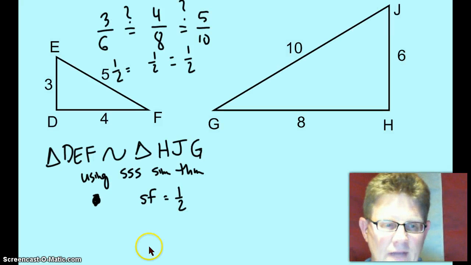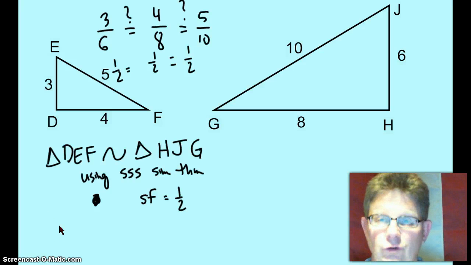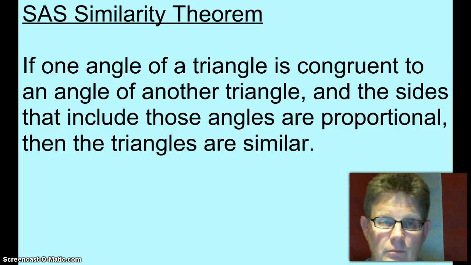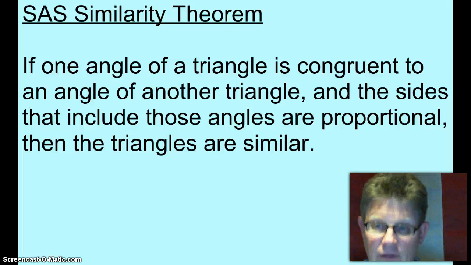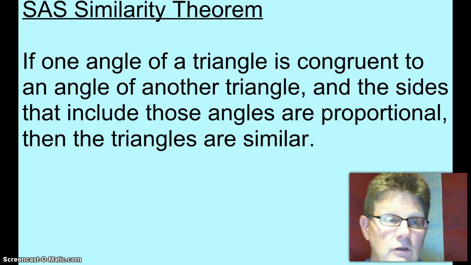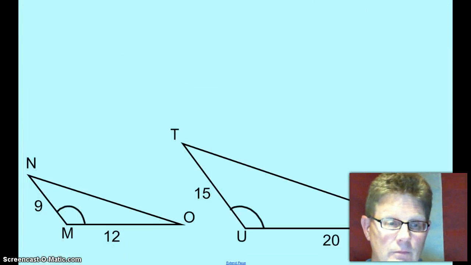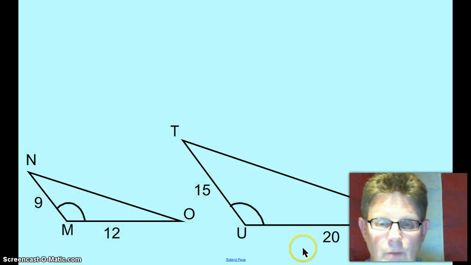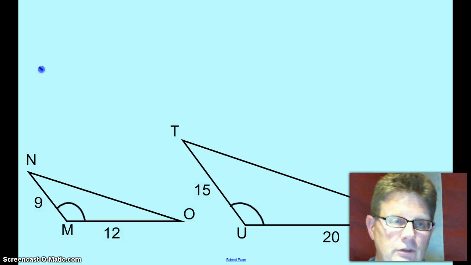And the third way to get triangles similar is using the side-angle-side similarity theorem. If one angle of a triangle is congruent to an angle of another triangle, and the sides that include those angles are proportional, then the triangles are similar. So here we've got M congruent to U. Now let's see if the corresponding sides are proportional.